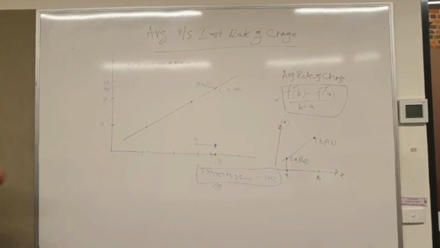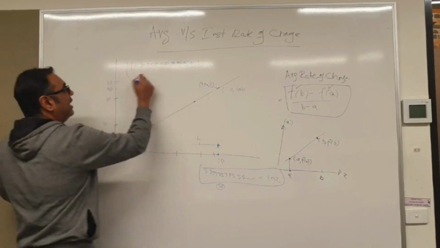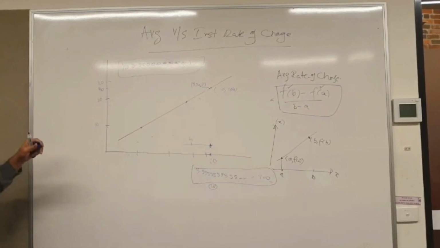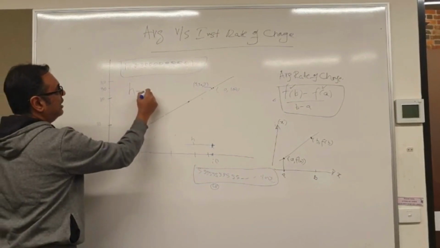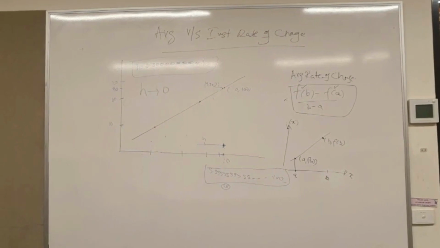The distance between the 2 points is almost 0. So what is happening to h here? Is it not h approaching 0? Yes or no?